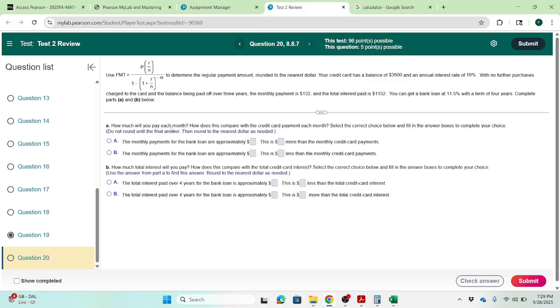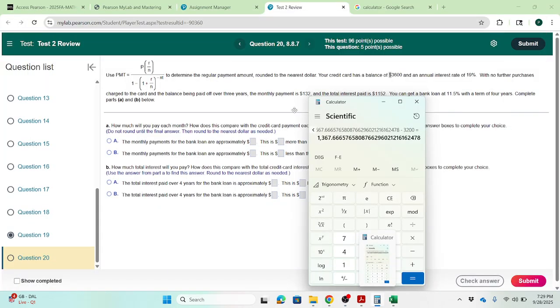How much will you pay each month? If you take a 3600 loan with 11.5% for 4 years, this is the formula. So 3600 is the balance. This is the formula you have to use.